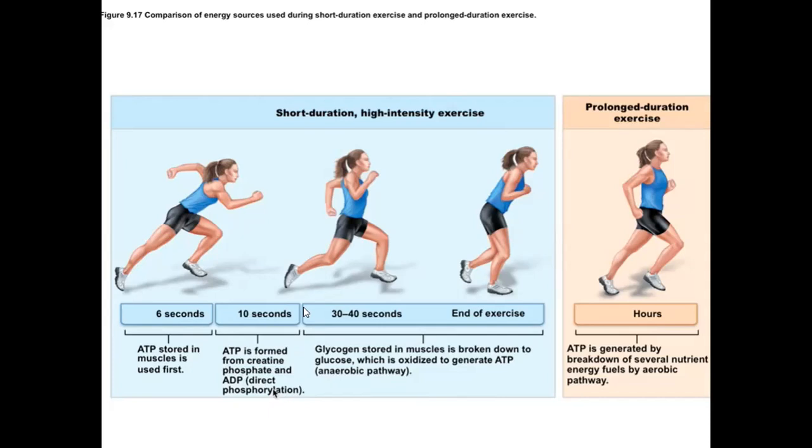Now, by the time you are finishing your 100-meter dash, you find that you are utilizing the glycogen that is already stored in the cells. And this glycogen is being broken down to glucose, and it is the one that is providing for the anaerobic pathway so that you can generate that massive amount of ATP.